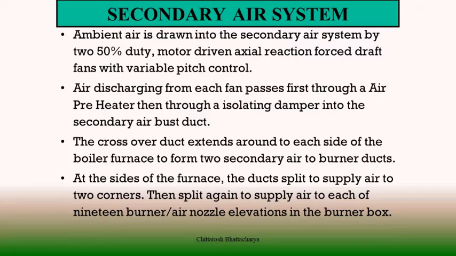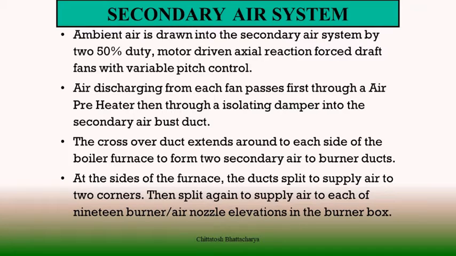So naturally this is the cold PA system where PA fan is drawing cold air from the atmosphere. But in many smaller units where PA fan is not drawing the cold air, it is a hot PA system, and in the hot PA system FD fan is supplying the primary air as part of the total air.